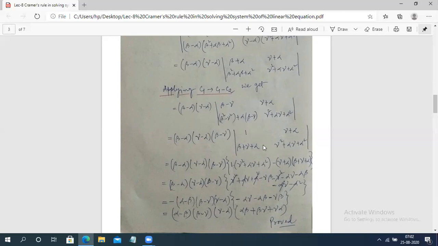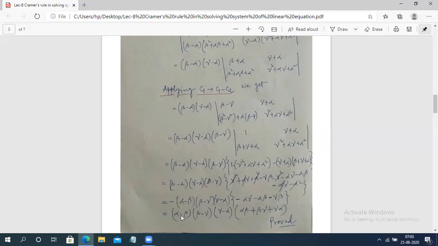Now you can find the determinant value of this matrix. So cross multiply. So 1 into gamma square plus alpha square minus gamma plus alpha into beta plus gamma plus alpha. So after multiplying and then subtracting these terms, we'll have this term: minus of alpha gamma, minus of alpha beta, minus of gamma beta. And this term can be written in this form.